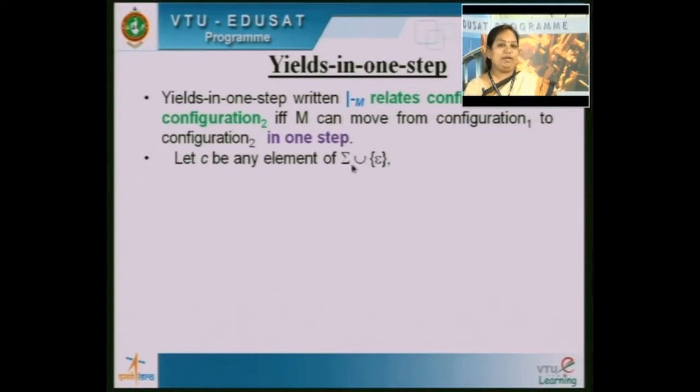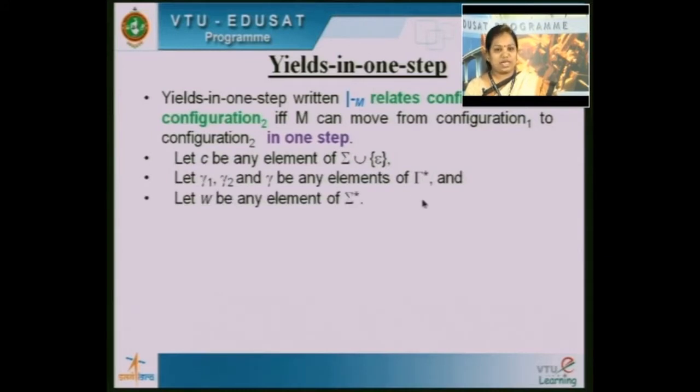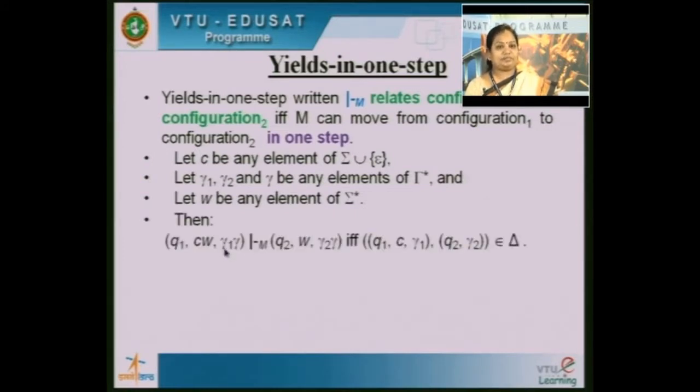Let C be an element of either Σ or epsilon, gamma 1, gamma 2 or gamma be an element of Γ star, that is stack symbols, and let W be an element of Σ star.